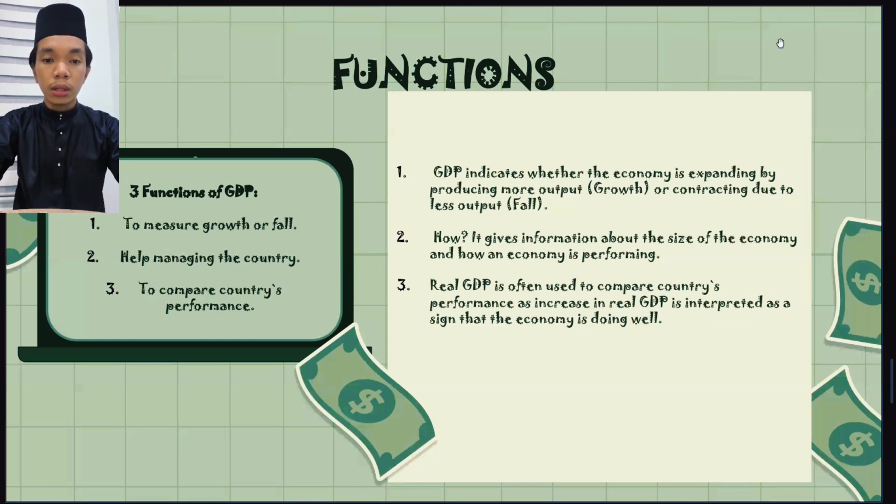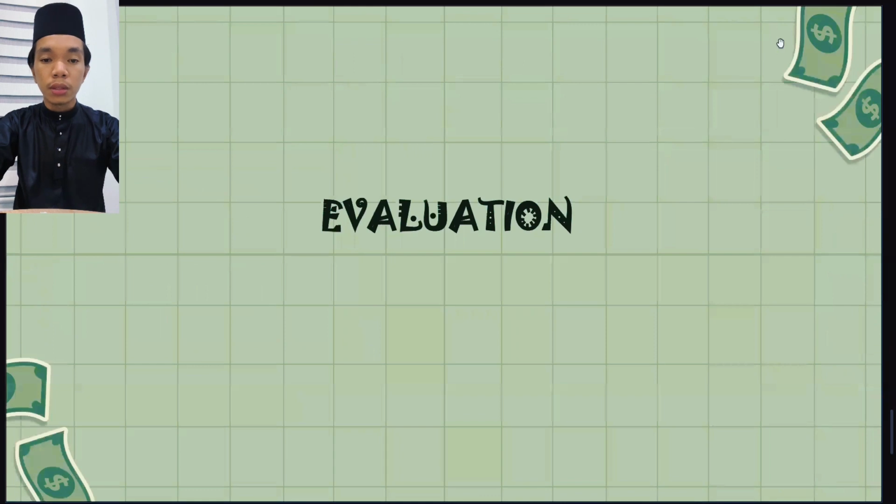This is because GDP does not take into account and measure welfare, as it may be unreliable and inaccurate. So if people want to measure welfare, then it is better to use other methods such as MEW, which is the Measure of Economic Welfare, or HDI, the Human Development Index, or MPI, the Multidimensional Poverty Index.